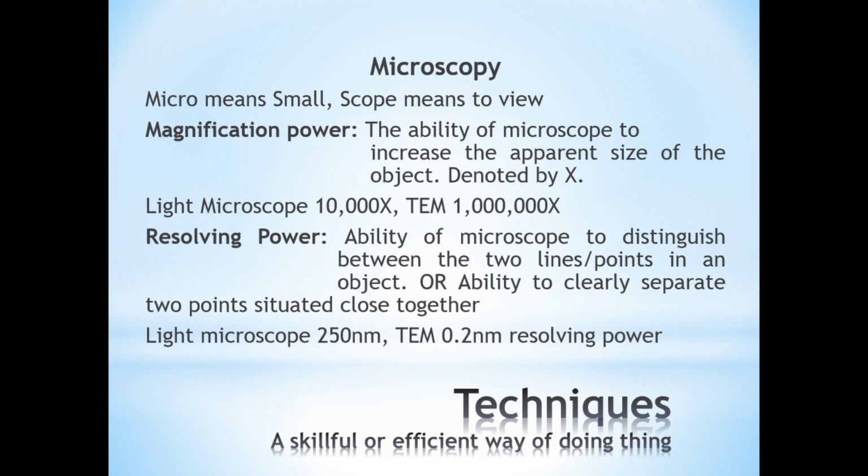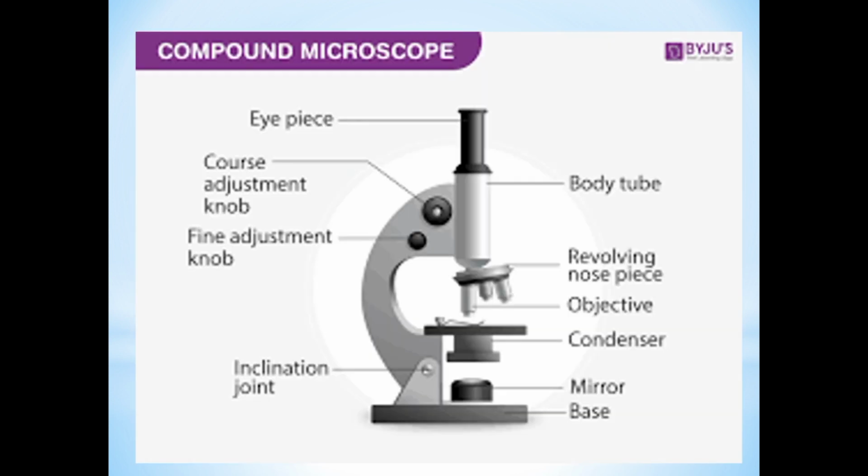The resolution power of a light microscope is 250 nanometers, while that of a transmission electron microscope is 0.2 nanometers.